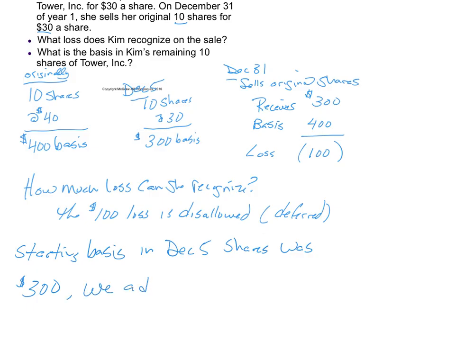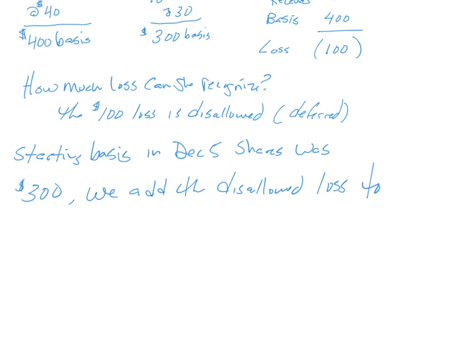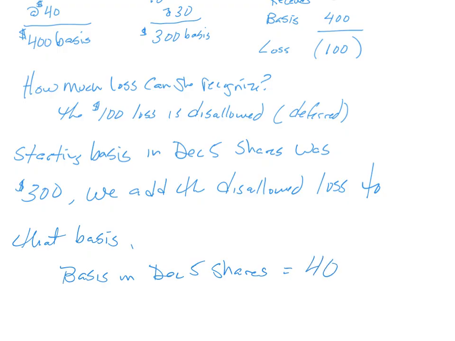We add the disallowed loss to that basis. So now the basis in the December 5th shares is $400.